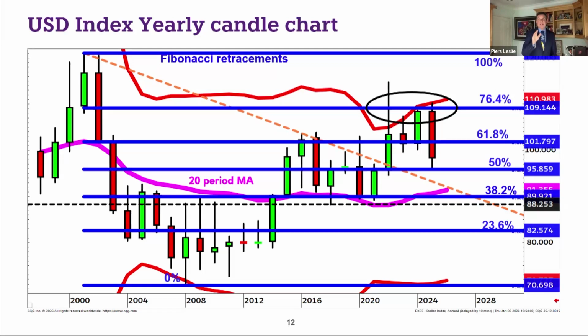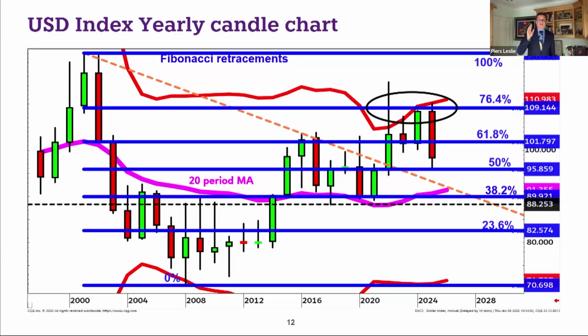That area capped it, and it came back down to the 50% area. As a rule there, I'm just going to try and update because my slide's not updating here. Right, so this is looking at the move from the 2000 to 2007-8 decline, and then the move back up.